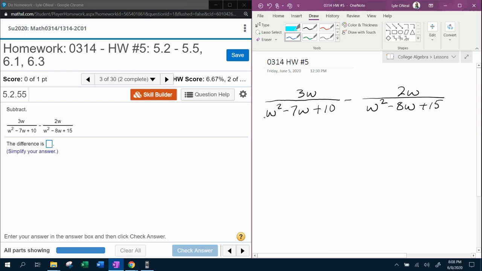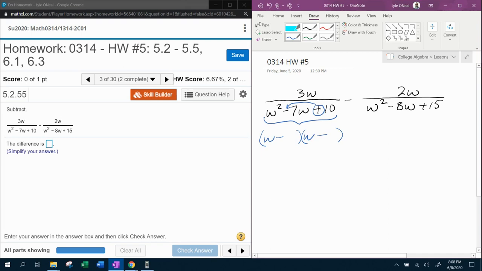So the first denominator we notice is a standard trinomial. And so we're going to need to factor that as we would a standard trinomial. We start with our parentheses, and then we read the signs. When the last sign is plus, you have to look at the first one to see what they both are. So these are both going to be minus, and then we can fill in the blanks.